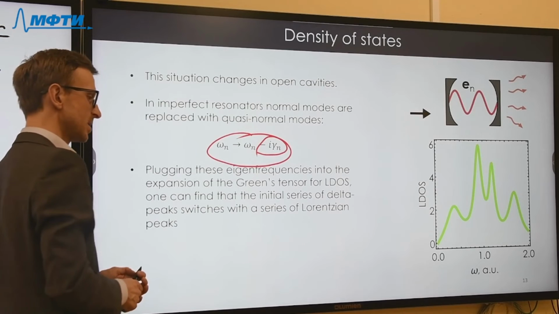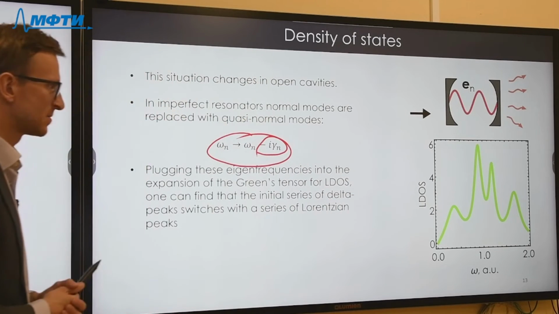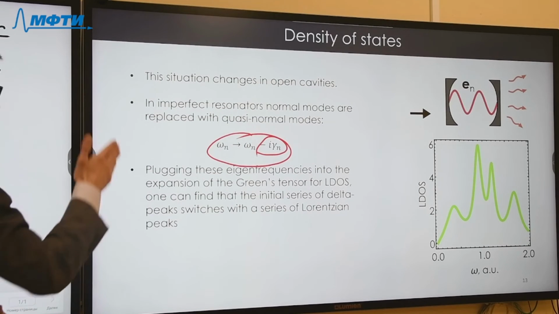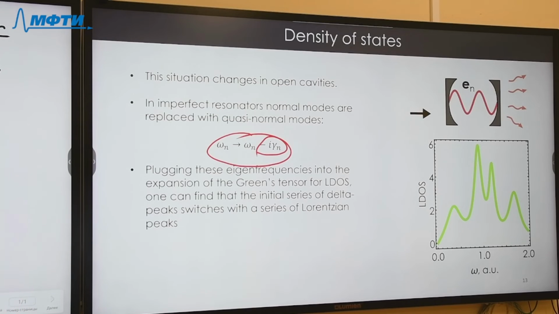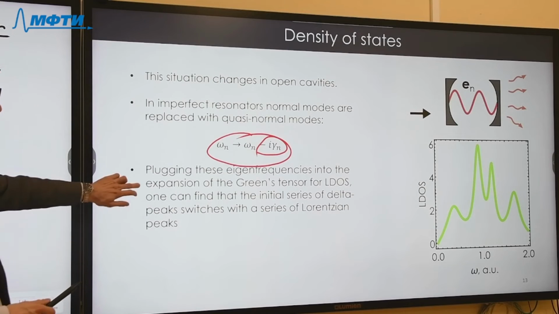to see that the local density of states now becomes finite, and instead of being a series of delta function peaks, it is a series of Lorentz peaks at resonant frequencies. And at every resonance, this quantity is going to give you only a finite value, consistent with the fact that the Purcell factor in the system will be only finite.